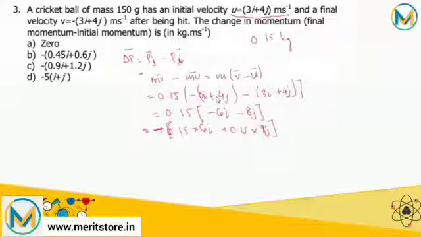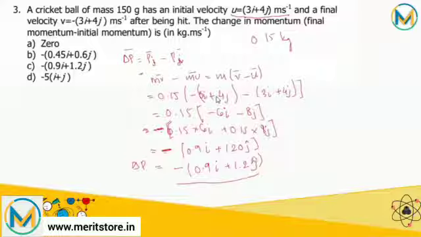When we multiply it together, we get minus 0.9i plus 1.2j, and thus delta p is equal to minus 0.9i plus 1.2j. Now looking towards the options, we have the change in momentum as minus 0.9i plus 1.2j in option C, and thus the correct answer for this question is option C.